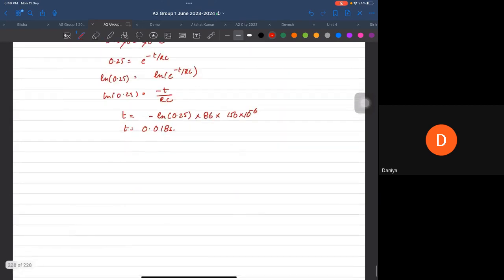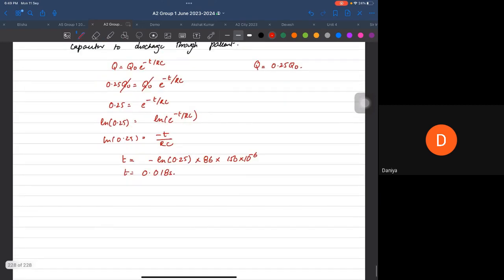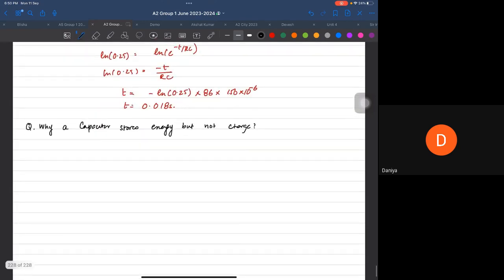And then the next thing is a question that basically repeats in every other paper, I'd say. Why does a capacitor store energy but not charge? So this question will be there so many times. Now let's have a look.